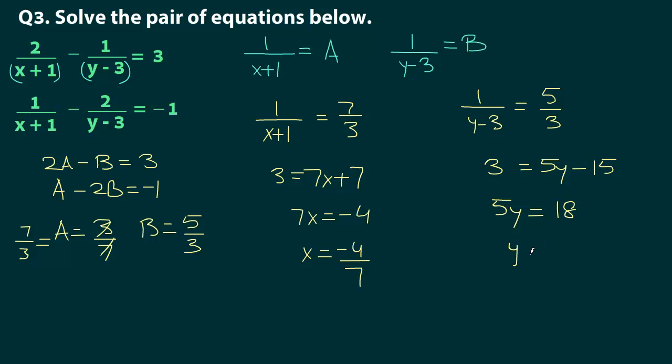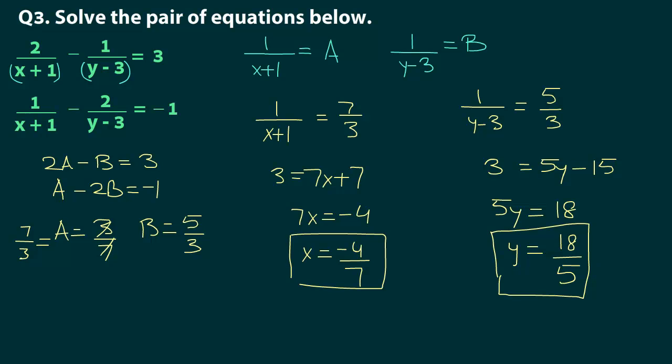Divide both sides by 5, we will get y as 18 over 5. So these are the values of x and y. This is how we solve these questions where our variables are in the denominator.